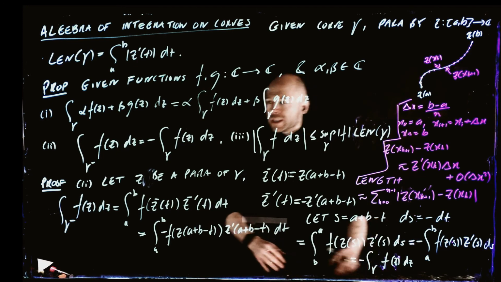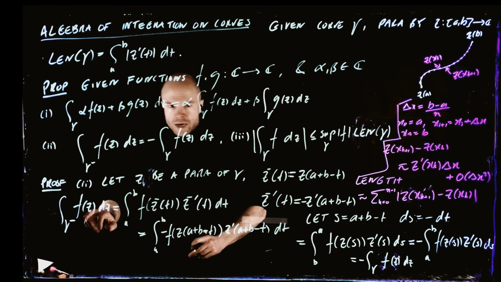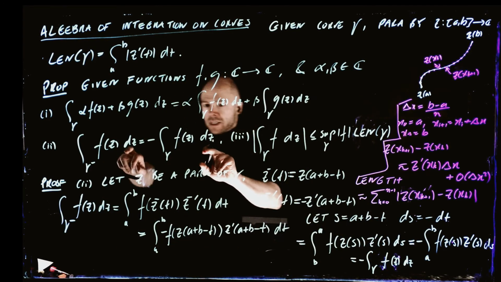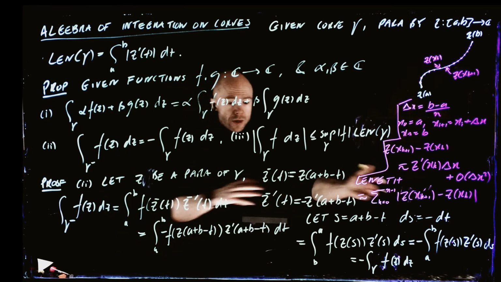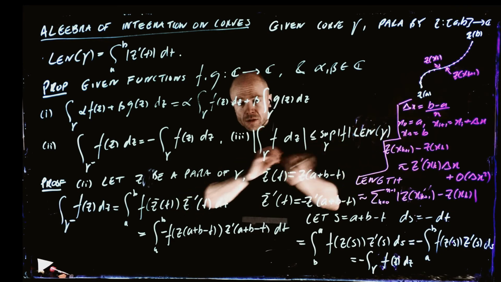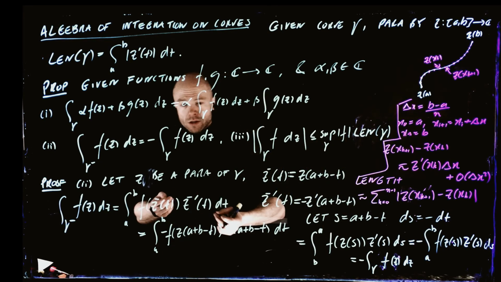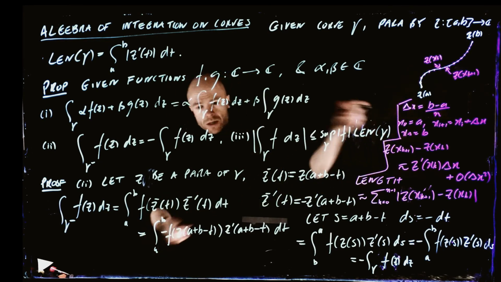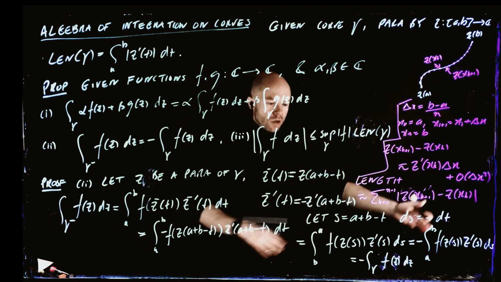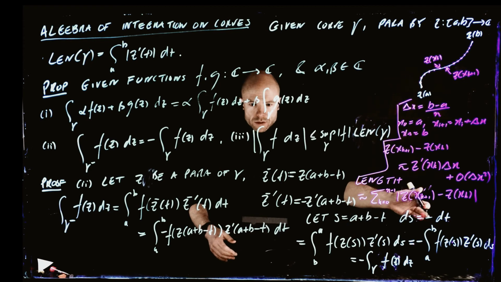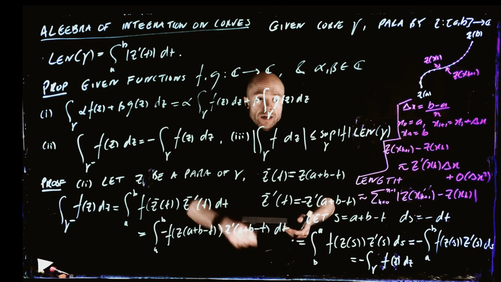So we've established that this guy is minus this guy. All we've done is put in the definition of the inverse curve. We take our parametrization and send it going the opposite way, put that in, work through the consequences, and it just falls into our lap. So this guy is true.